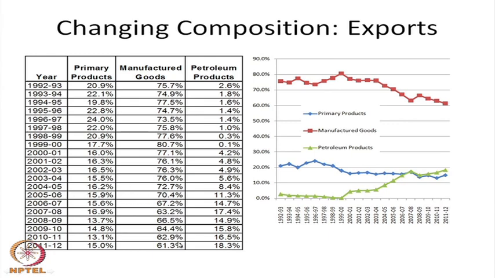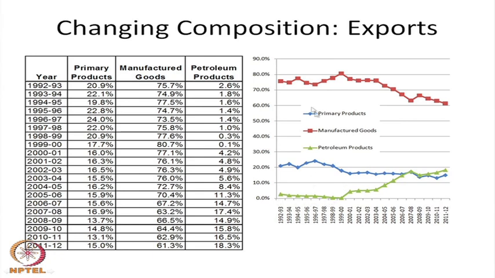Despite this, it has contributed significantly to our export sector. Petroleum product increased after 2004-5. This petroleum product is a byproduct of our crude oil, and it has contributed significantly to our export earning. And there is a clear shift in the export basket from primary product export to manufacturing product export and value added product export.